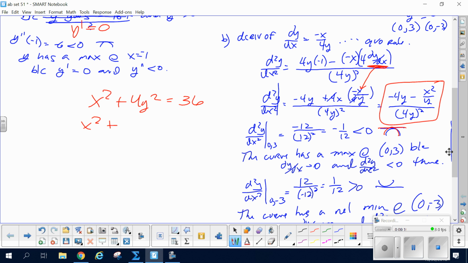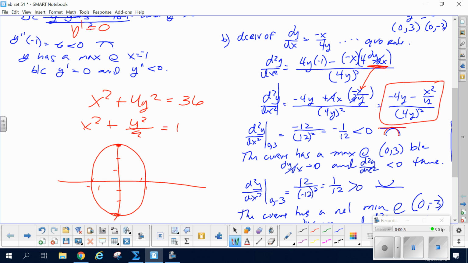If you divide 36 over, you get y squared over 9 equals 1. It would be centered at the origin because there is no shift. The x changes from 1 to negative 1. The y changes from 3 to negative 3. It looks like that. Does it make sense that we have horizontal tangents at 0, 3 and 0, negative 3? And does it make sense that we have a max and a min? All that is like, are you with me?